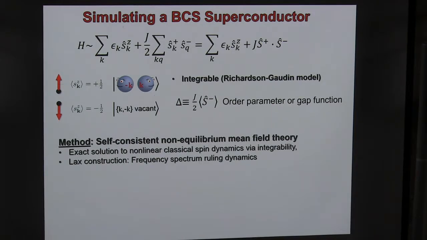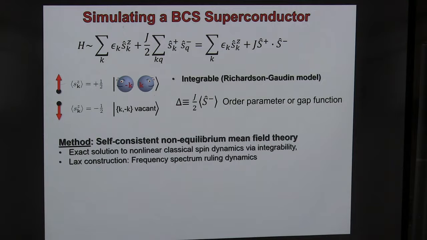They actually admit an analytic solution in terms of what is called the Lax construction, which says that there is a conserved quantity, the Lax vector, that can be written in terms of the spectral properties of the dynamics. By determining this initial value, which is set by the initial conditions, we can determine how the system evolves as a function of time.